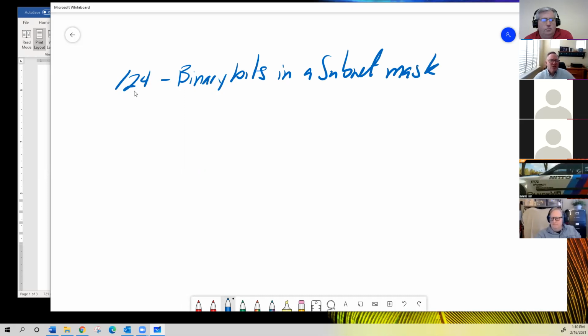Okay, so what would a subnet mask look like then with a /24? Do you remember what a subnet mask is, Teddy? It's like a network number.